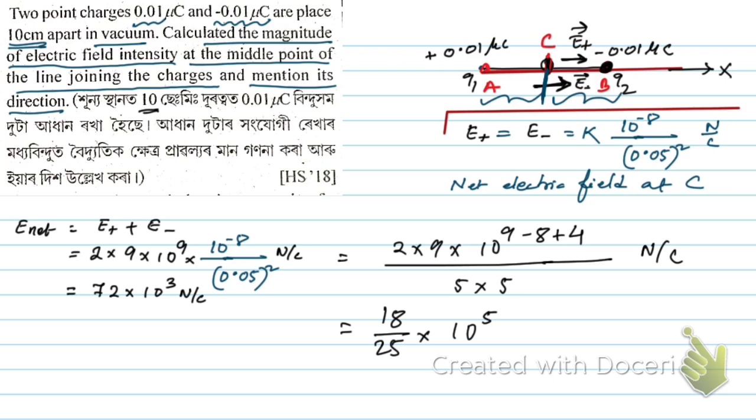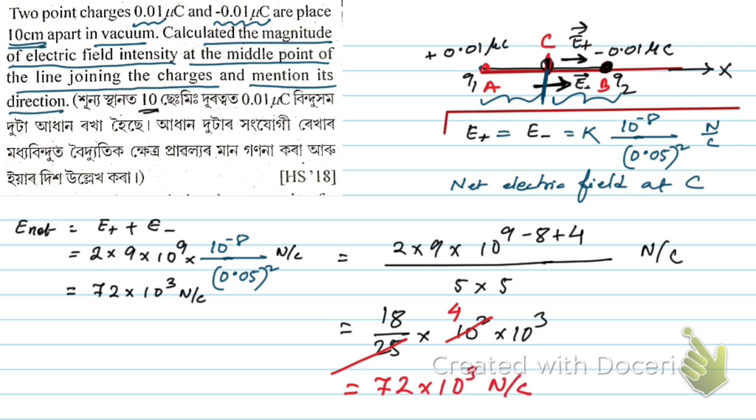And if you make this 10 to the power 5 like 10 to the power 2 into 10 to the power 3, you can write this way. Then 25 cancels 10 square, which means 100, that is 4 times, right? Then if you multiply 18 and 4, you're gonna get 72 into 10 to the power 3.